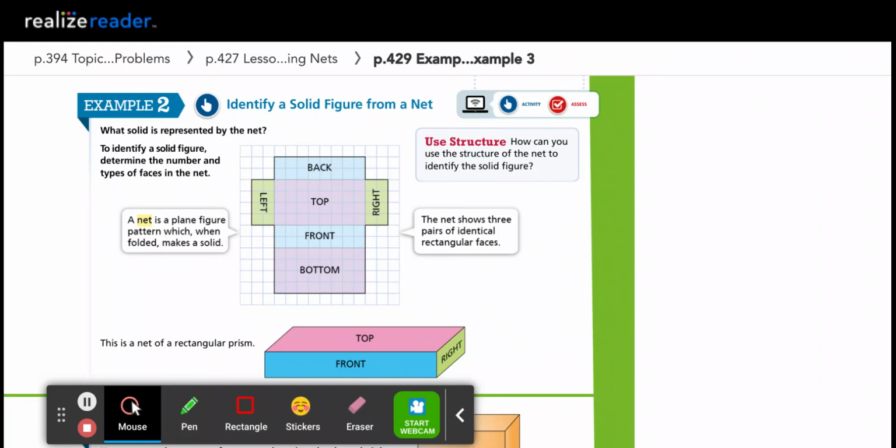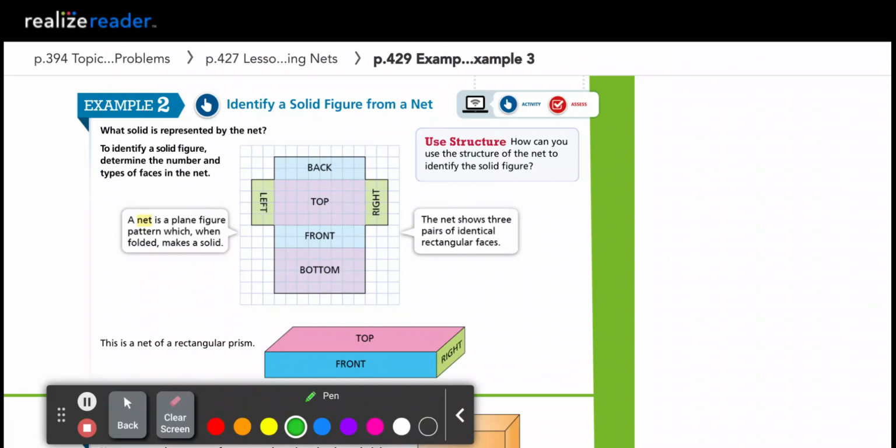So we have to figure out what kind of shape this figure would be. I'm noticing that if I were to fold this up, the top and the bottom would be opposite, the back and the front would be opposites, and the left and the right would be opposites. It is the net of a rectangular prism. I see the rectangular shaped bases or faces, so it would be a rectangular prism.